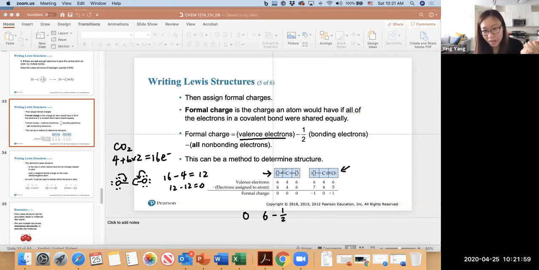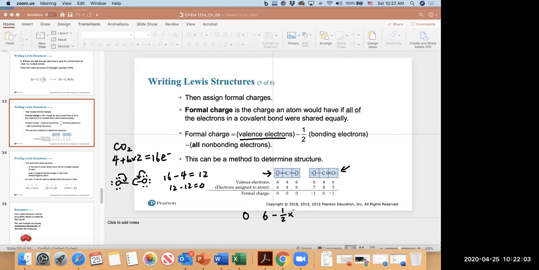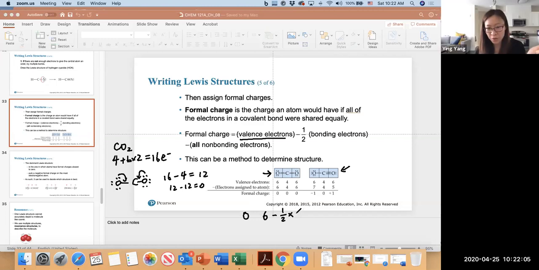We have 4 for a double bond: 2 for single bond, 4 for double, 6 for triple. And then the third part, minus all non-bonding electrons. We have 2 over here and 2 over here. So we have 6, and then we get a formal charge of 0 for oxygen.